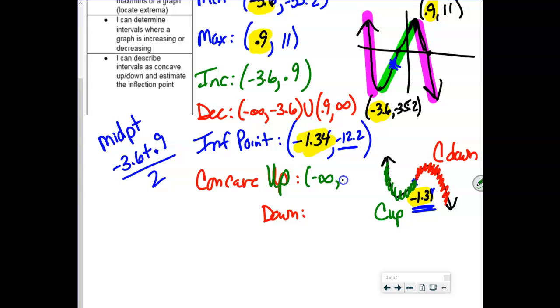But yes, negative infinity to negative 1.34. And then when is it concave down? Negative 1.34 to forever. Very good. It's always read left to right, yes. Yep. Everything on this question should be read left to right. I know, it's confusing. Then they just throw stuff at you.